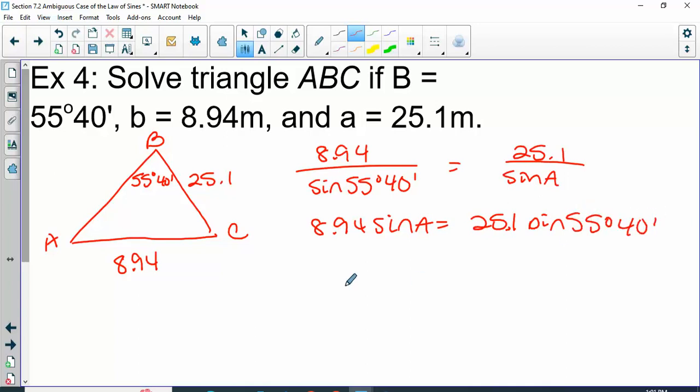Did we get here okay? So if you do 25.1 sine of 55 plus 40 over 60 divided by 8.94, we get 2.3318. What does that tell us? No solution. Yep, sine cannot be bigger than 1. So this one did not have a solution.